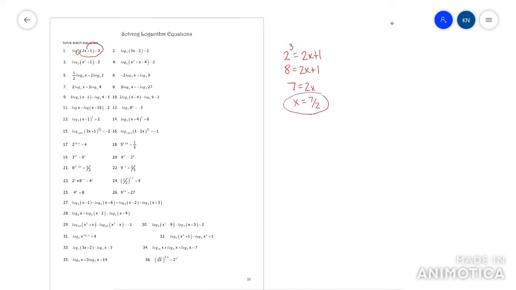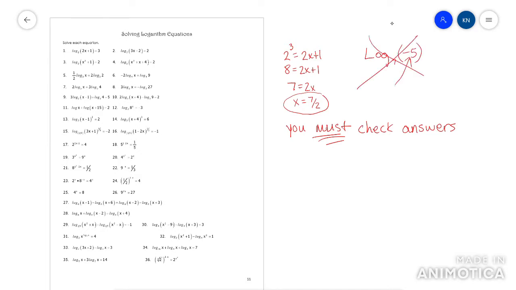Now, I will say with these solving logs, you must check answers. Now, you're not checking them for necessarily values or anything. All you're checking is negative logs, because if it was log base whatever of -5, you can't do that.